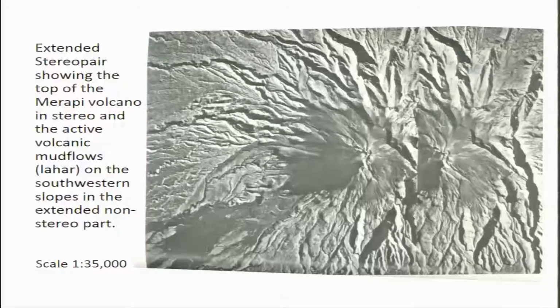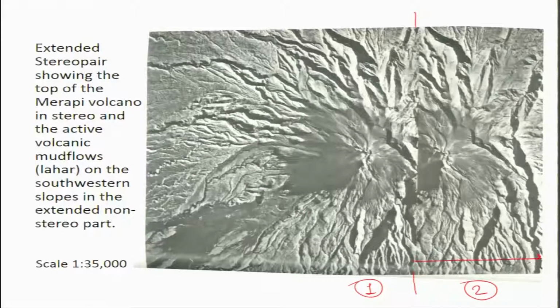Okay, this image shows a very typical expression of a volcanic cone, where you can see actually this is a stereo pair. So up to this there is photograph number 1 and this is photograph number 2, and this is the overlapping part.